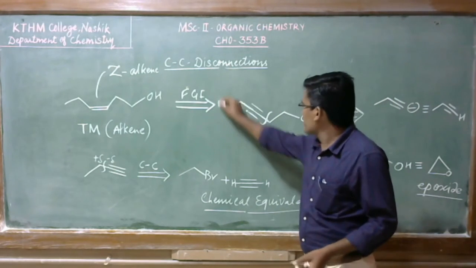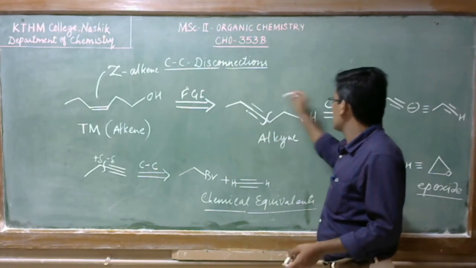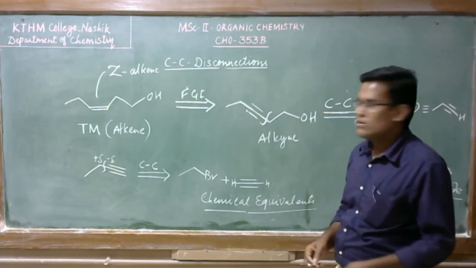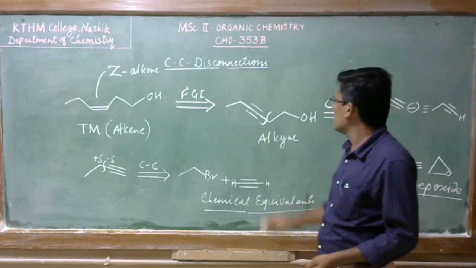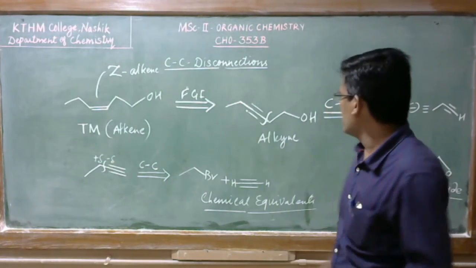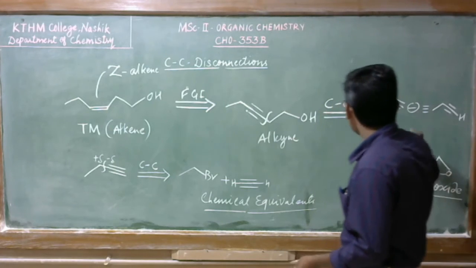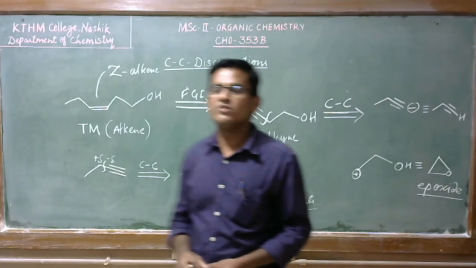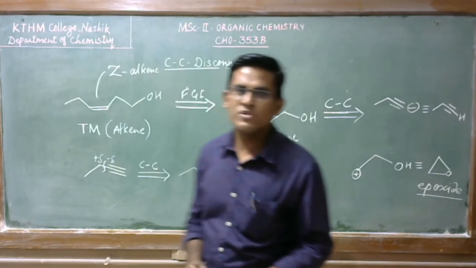Then in this case it's an obvious disconnection, because when you disconnect this bond, you will end up with the readily available epoxide and this alkyne. This is just a simple substitution reaction with the help of a strong base.